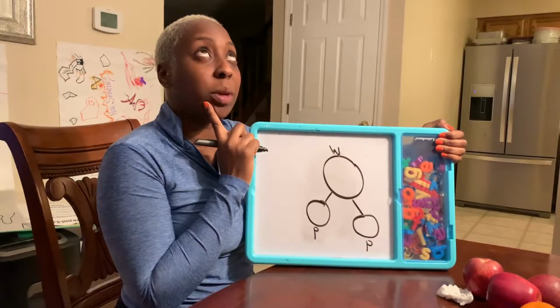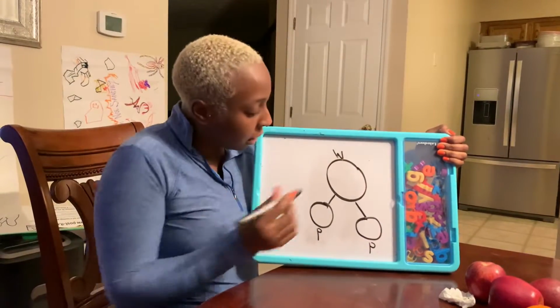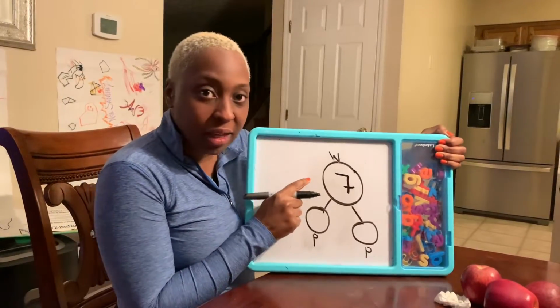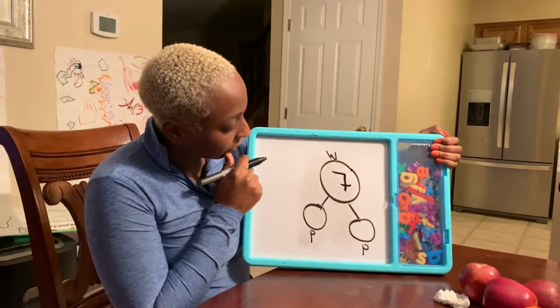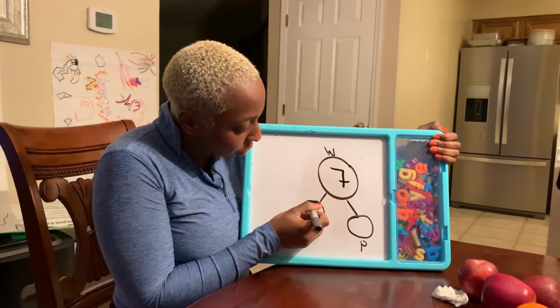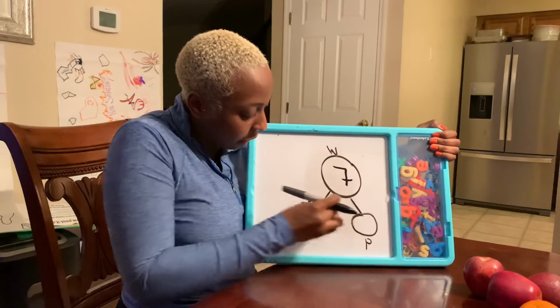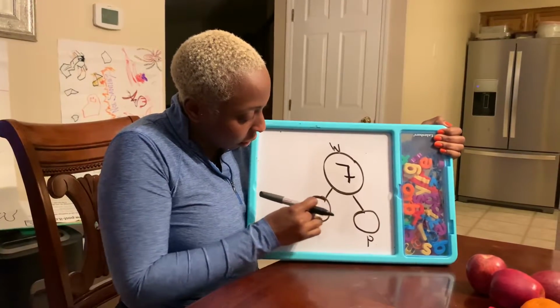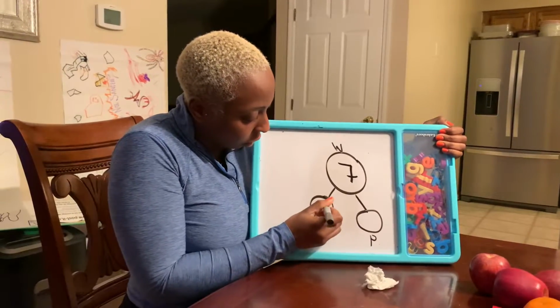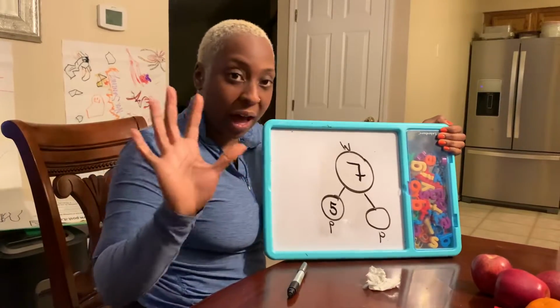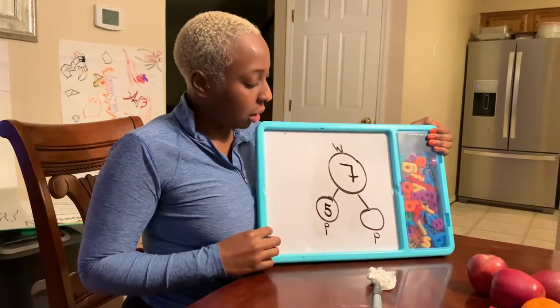Thinking of a number between 1 and 8. I'm gonna choose 7, okay? If 7 is my whole, I'm gonna choose 5 as one of my parts. Let's make that 5 look a little bit better. I'm gonna use 5 as one of my parts. And let's see, 5 plus how many gives us 7?